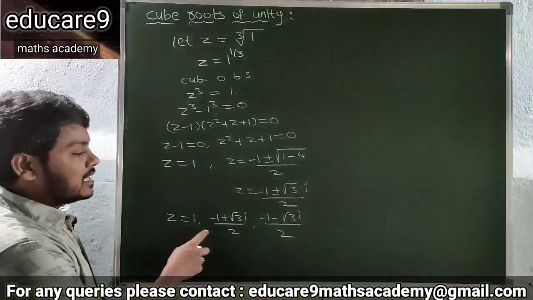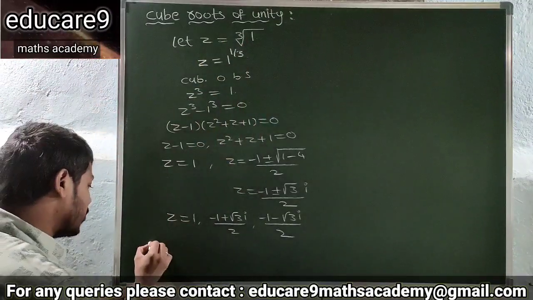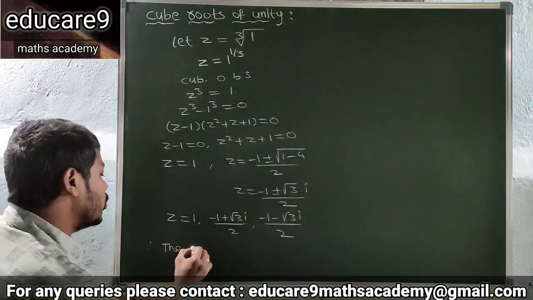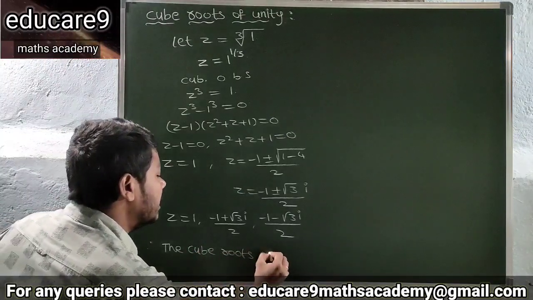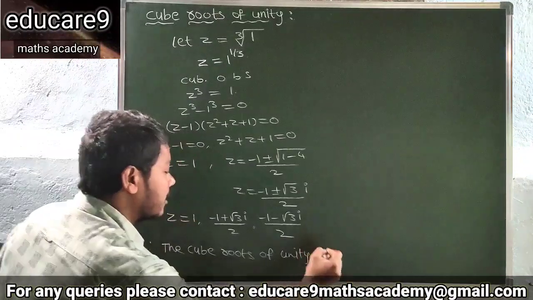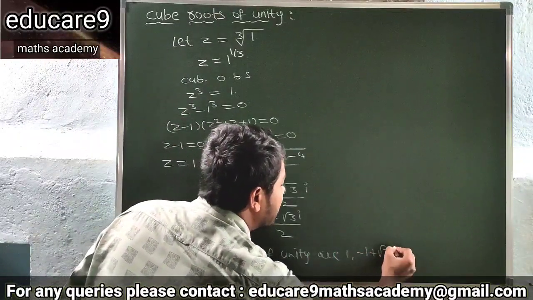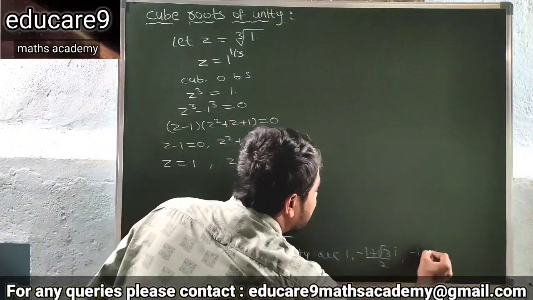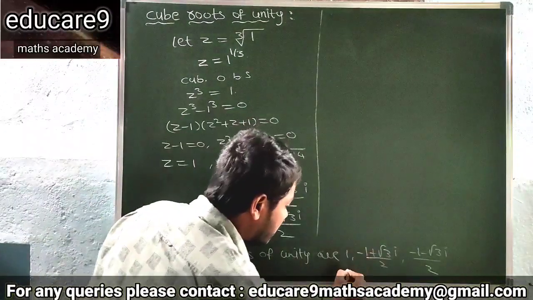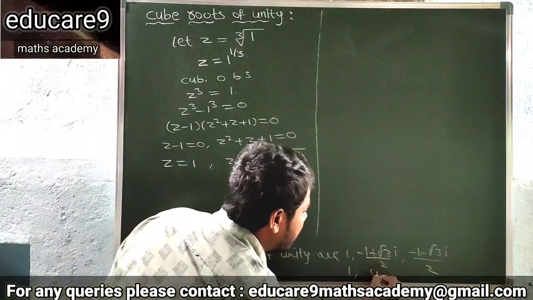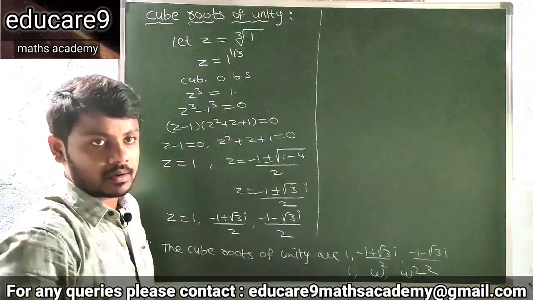So clearly these three are the cube roots of unity. Assume the second can be treated as omega and the third as omega square.